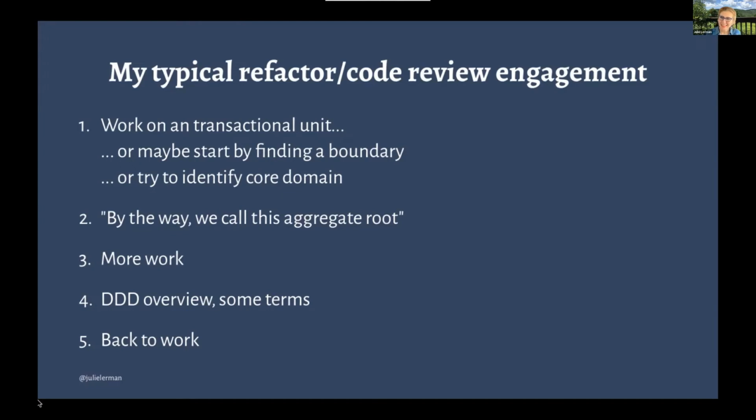Then I'll say, oh, by the way, in domain-driven design, that whole transactional unit is referred to as an aggregate, and the class that we determined should be responsible for maintaining the rules within that aggregate, that's called the aggregate root, right? So they already understand it.